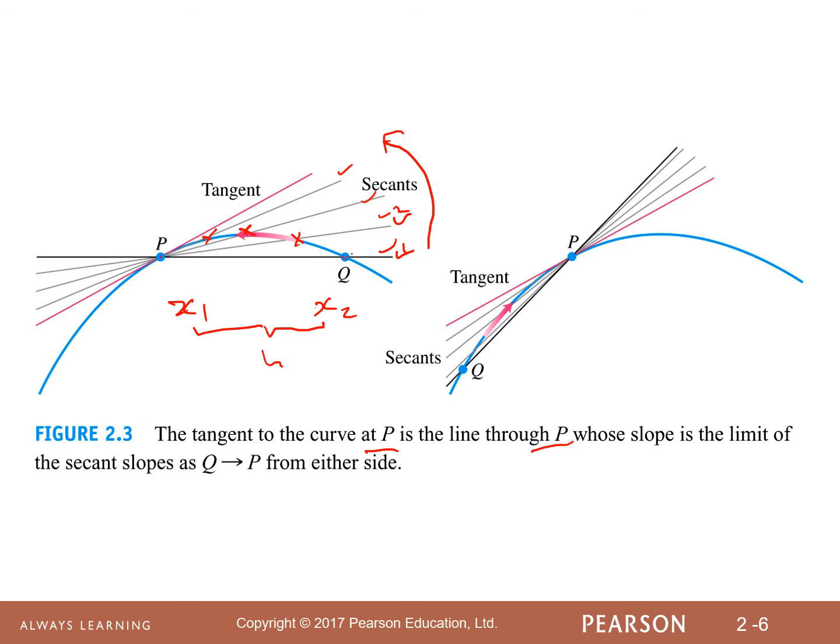The rate of that is the same as the tangent. Okay? So the tangent to the curve at the point P is the same as the limit of the secant slope as Q moves to P. Okay, everybody got it? Yes.